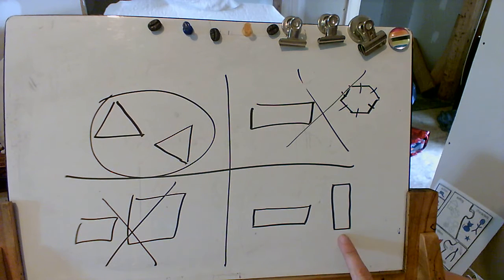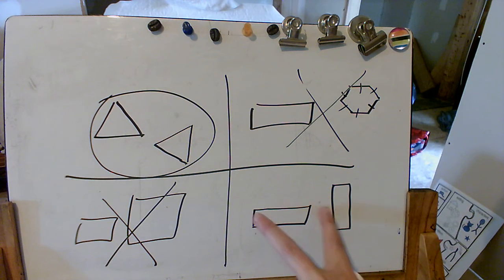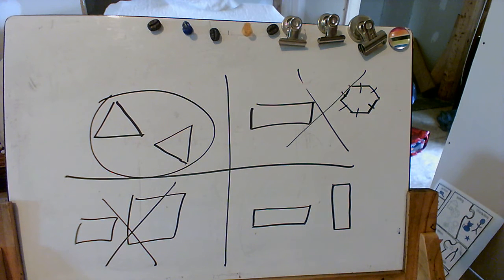Let's look at these two shapes. Both four-sided. They're both quadrilaterals. They both have sides that this way are the same length and these two are the same length. So they're both rectangles, but are they congruent?